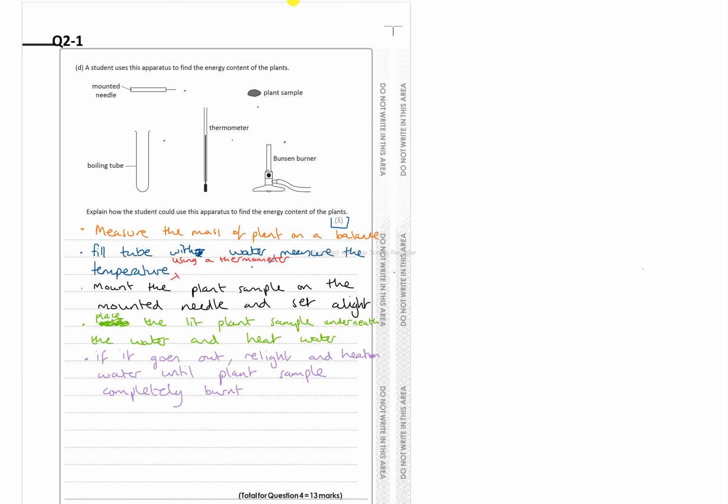Then, using a thermometer, measure the temperature of the water.